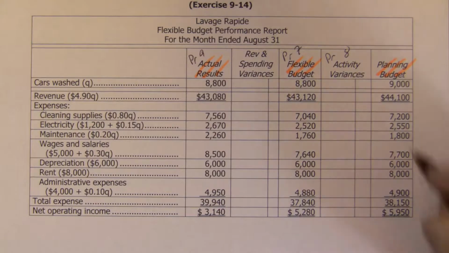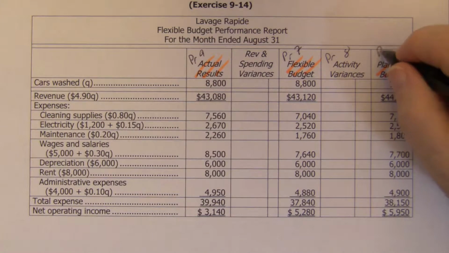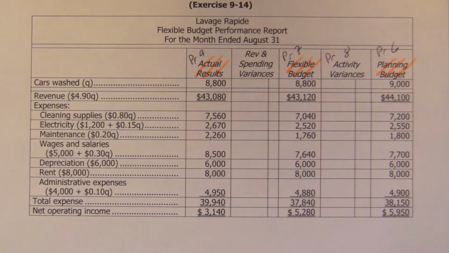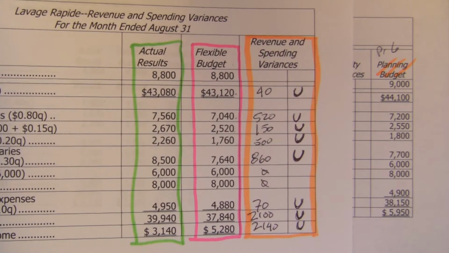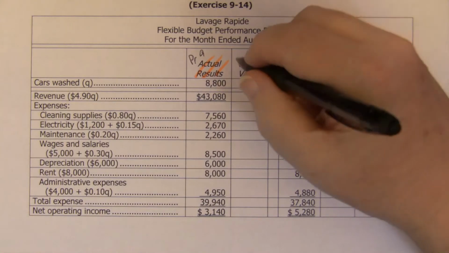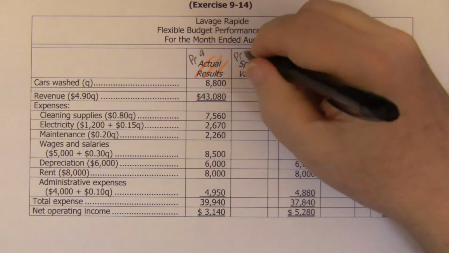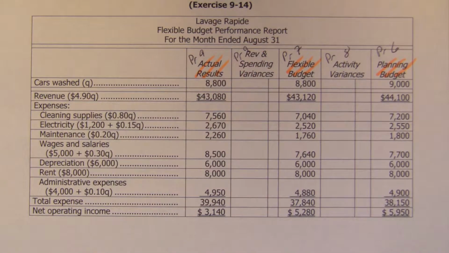And the planning budget came from problem 6. And the revenue and spending variances, they're the ones we computed in the orange box in problem 9. So that's where all of these numbers came from.